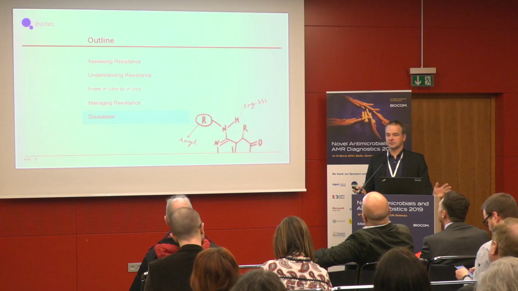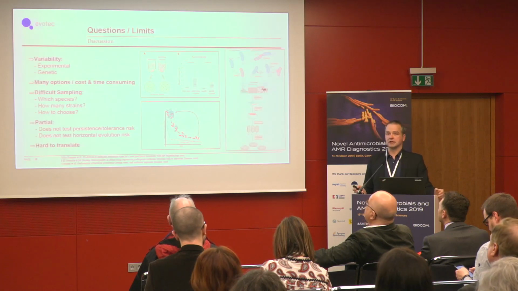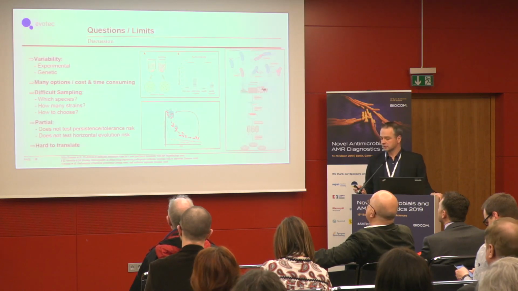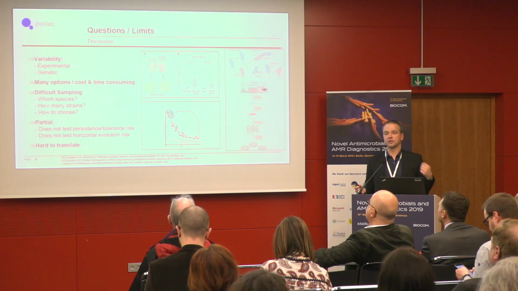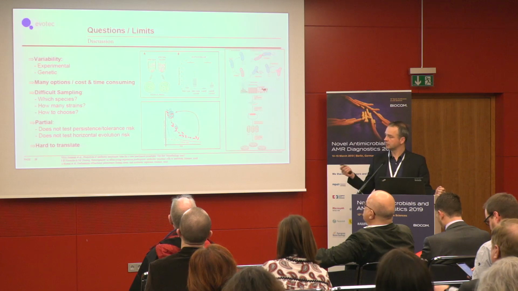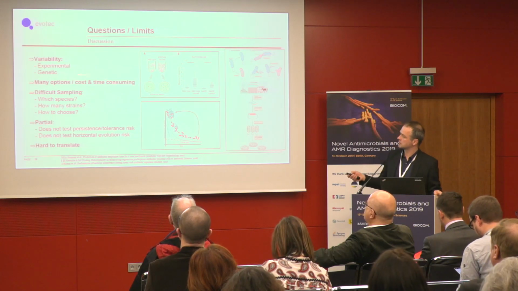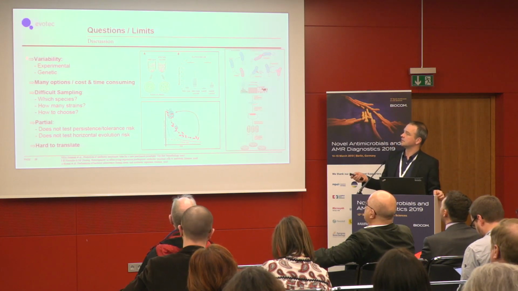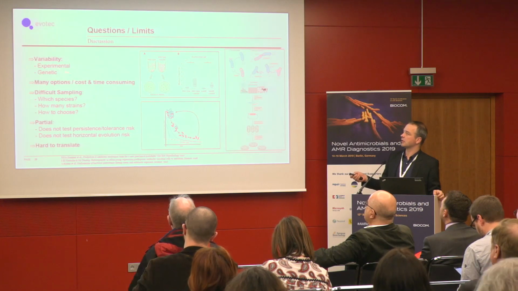Again, sorry for being very fast. As discussion points, I think I alluded to them as I was talking. There are a number of points that you need to take into account. All of these experiments that I've briefly exposed to you have variability, either experimental or genetic.